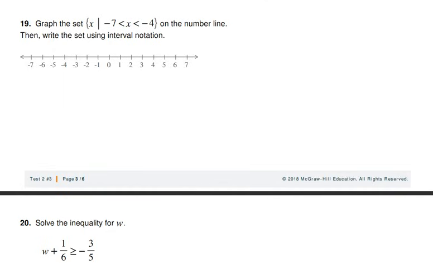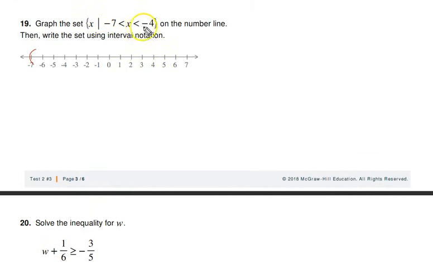For this next one, they're asking us to graph on this number line, and this is in set builder notation. So we know a -7 is there. So we're going to put a parenthesis at -7.